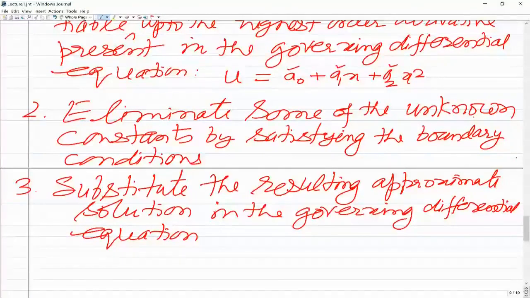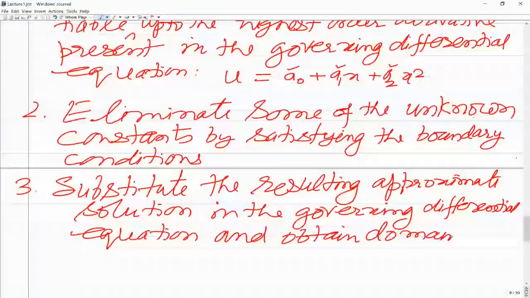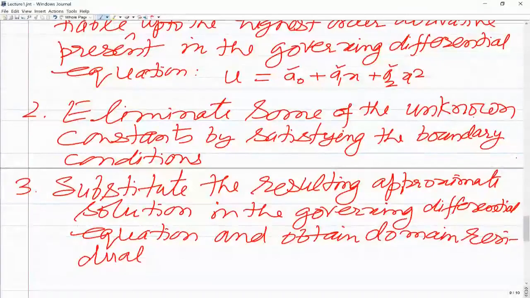Why do we call it domain? Because that is the domain over which the governing differential equation is valid, and since the solution is approximate, it will not satisfy the differential equation. So some balance, you can say a force or a heat flux or energy, is going to be there. We call that a domain residual.